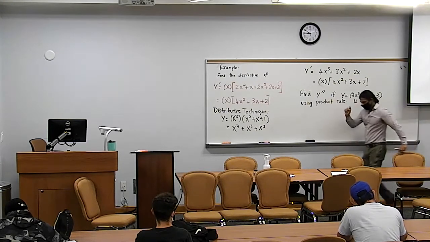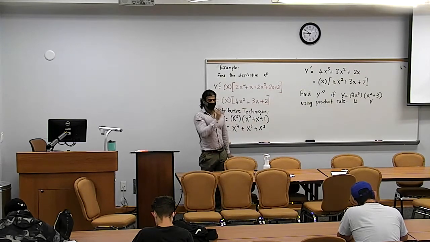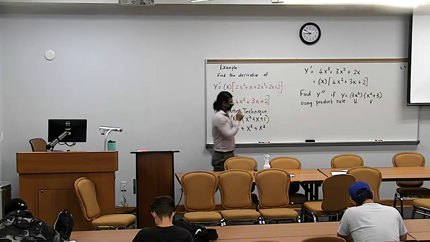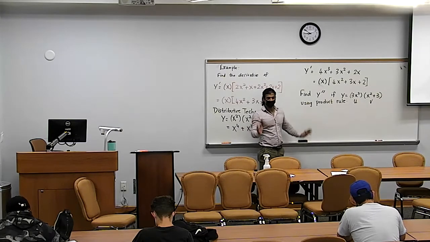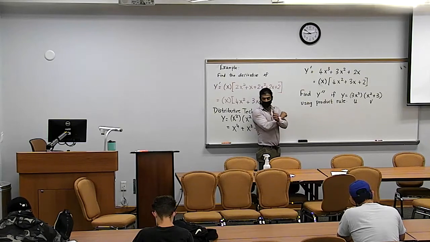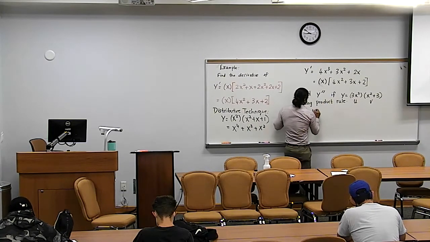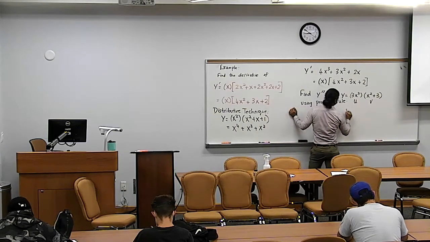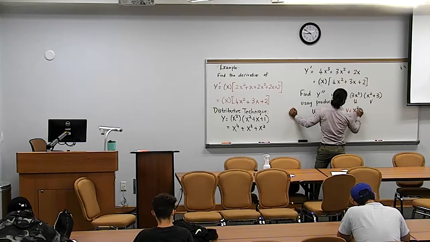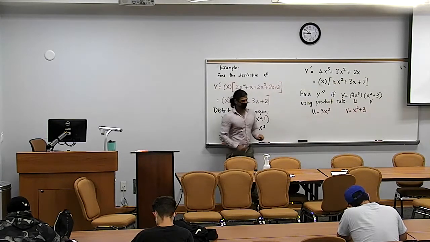Put a note on the side. With quotient rule though, you cannot switch u and v. Here it's fine. When we do quotient rule, you cannot do that. Then the formula will change. Good? U is 3x cubed.